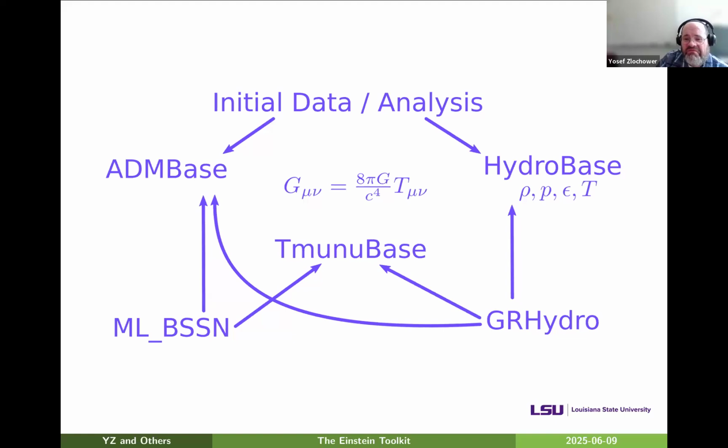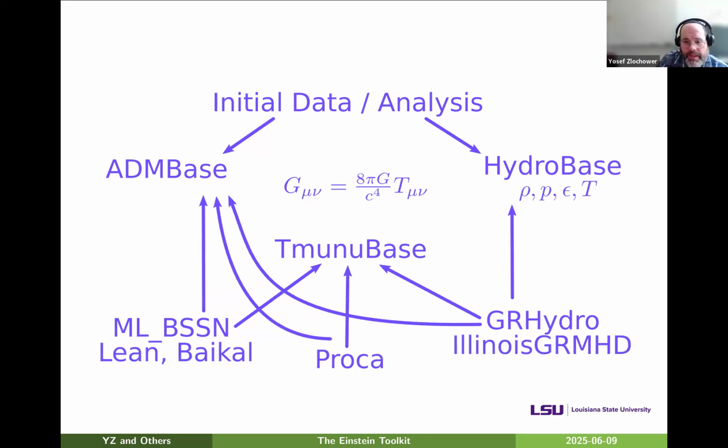Okay, and then we have additional things. We have initial data. So initial data generally consists of both initial data for the hydrodynamic quantities and the metric quantities. And we might have analysis, which again, would in general depend on both of those as well. And then we can start to add more details.